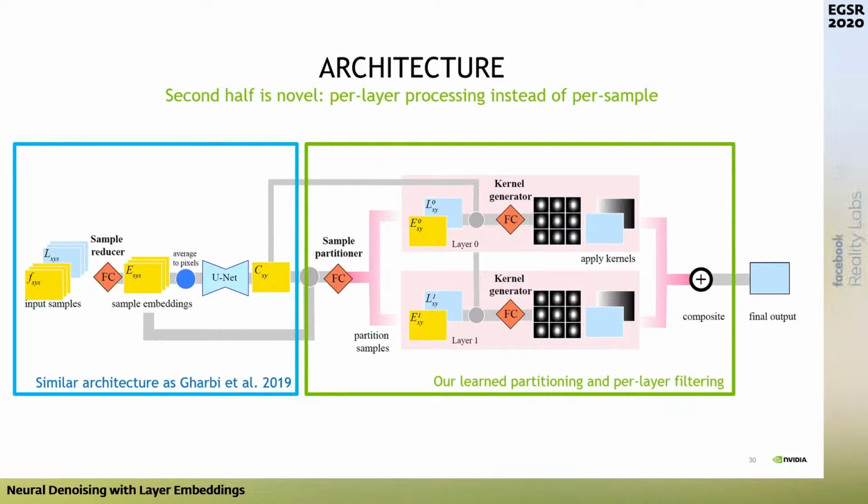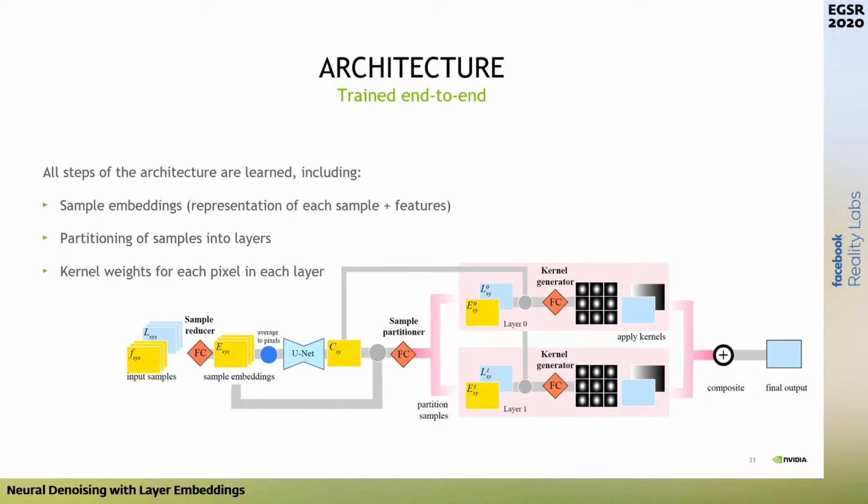Finally, we composite the filtered layers to generate the final output. I want to point out that this process is trained end-to-end. We only compute loss at the final output and backpropagate that loss throughout the network. All steps of the architecture are learned, including the sample embeddings, which are the representation of each sample feature, the partitioning of samples into layers, and also the kernel weights for each pixel in each layer.